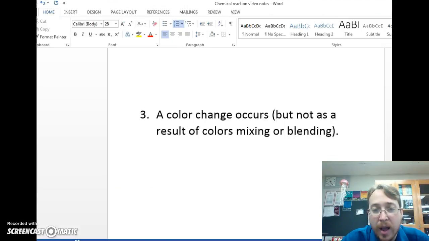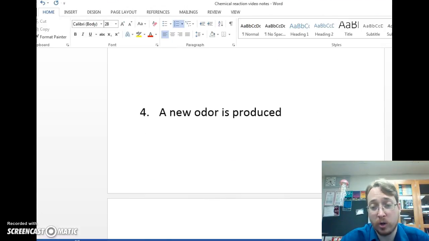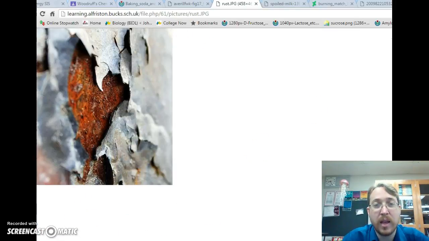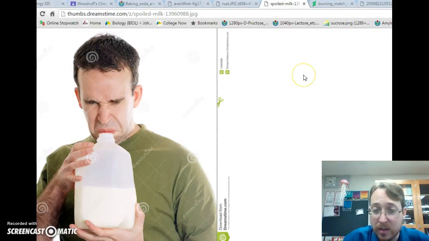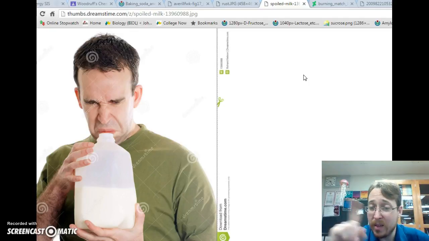We can also have a new odor being produced. Our noses and the noses of other organisms are actually chemical detectors. So if you don't smell something and then the smell changes, that means a new chemical has been made or a new chemical has been introduced to the environment. A classic example is this. That milk smells bad because there are chemicals in there that were not in there before.